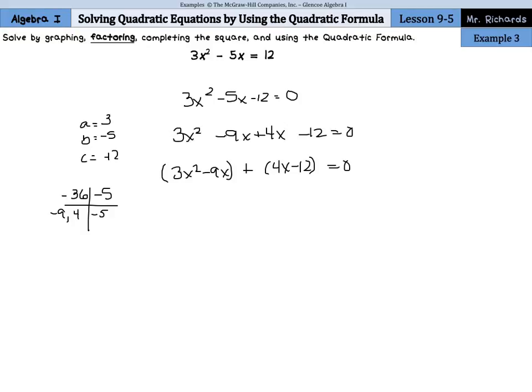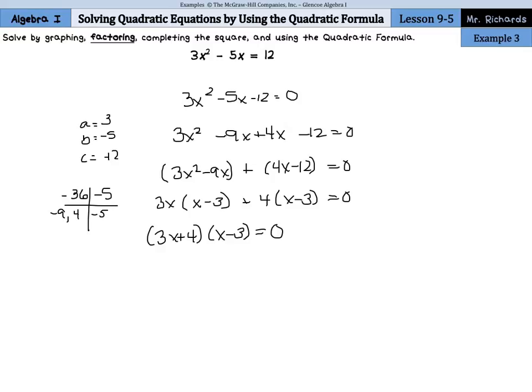In the first grouping, I can pull out a 3x, which leaves me with x minus 3. In my next grouping, I can just pull out a 4, which leaves me with x minus 3. And now if I rearrange, we're left with 3x plus 4 times x minus 3 equals 0.